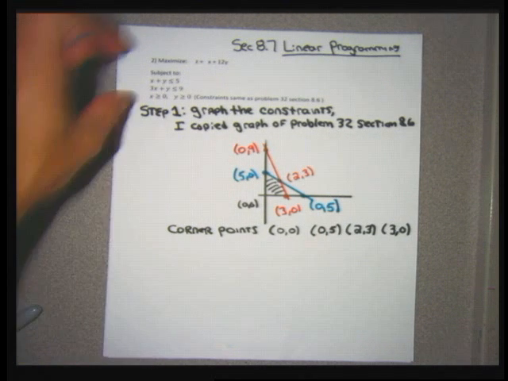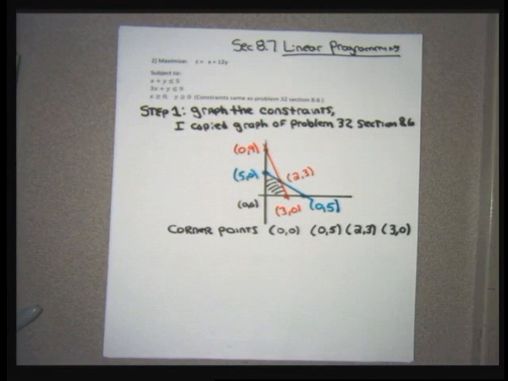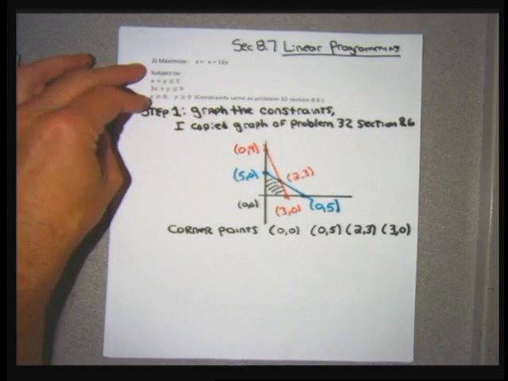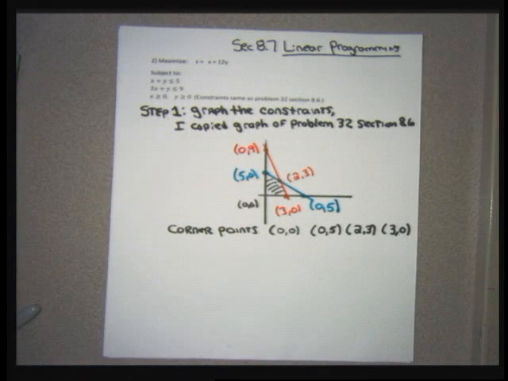This particular problem 2 from section 8.7, I say maximize this function z subject to these constraints. In a real world problem, it might be maximize your profit subject to: I only have this much raw materials and I only have this many workers, and if the workers work overtime they start getting paid more.